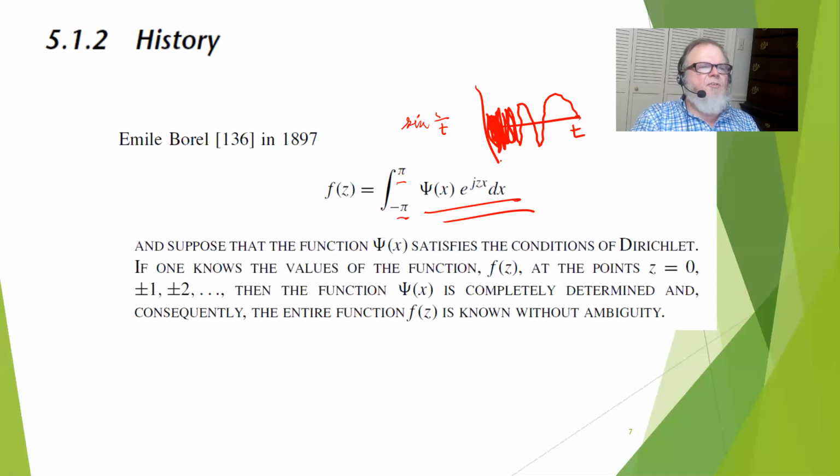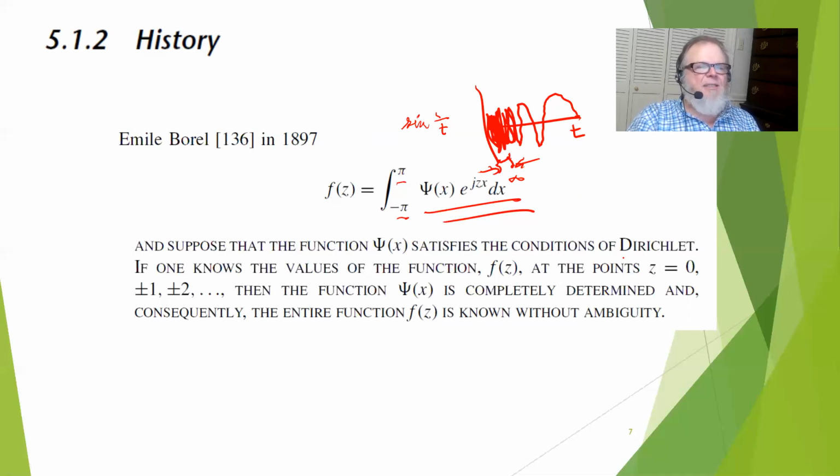And in fact, if you just go through a little epsilon neighborhood here, there's an infinite number of oscillations in this little interval here. And so it's a really weird function, right? And it turns out that this doesn't pass the conditions of Dirichlet. We don't come up against many of these sort of weird functions in engineering applications. So that's the reason that I chose to ignore it here.